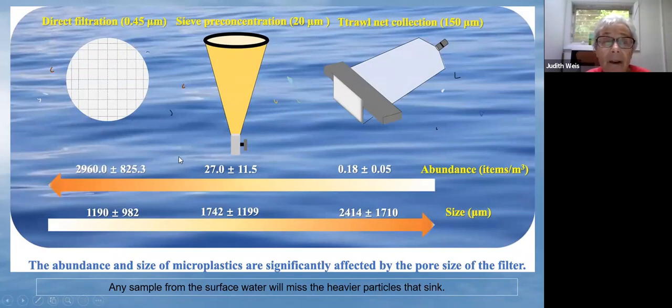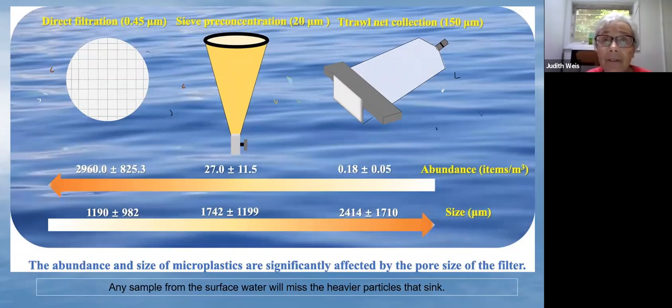And then if you don't use a sieve at all, but collect it all in a bottle of water and pour it through a filter, which is much finer than any of these nets, you end up collecting a much larger number of microplastics and smaller sized ones. So what you get depends on how you collect it.